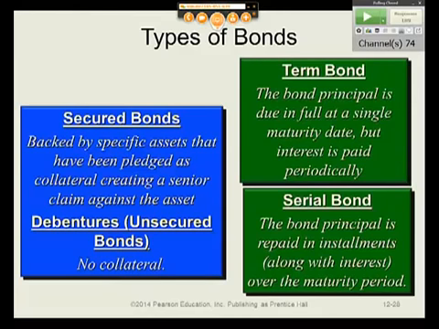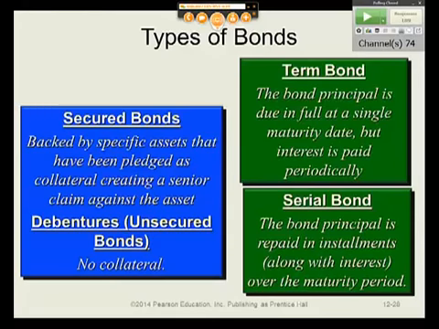In the event that a company has a lower credit rating, you may need to back it up by assets. You may have to pledge certain assets, whether it's property or other types of assets. A term bond matures at one point, at the end of the term. Interest is paid periodically. A serial bond would be payable in installments.